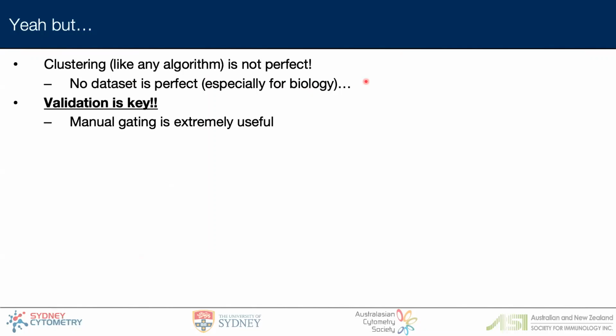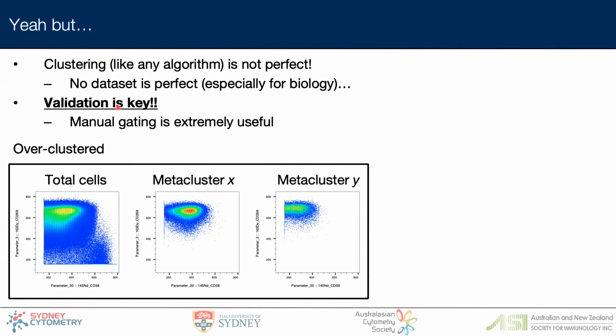The difficult thing here is that no data set is perfect, and this is especially true for biology. So this is why validation is key. Thankfully, we're lucky as cytometrists because we have an excellent solution that we can use alongside this to validate and make us feel more confident of these results. And that is where manual gating becomes really useful.